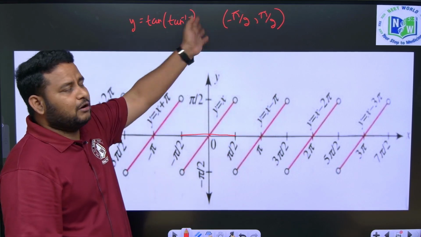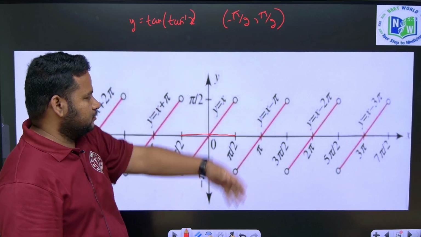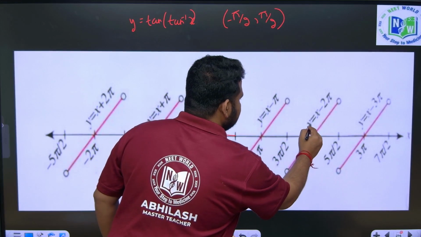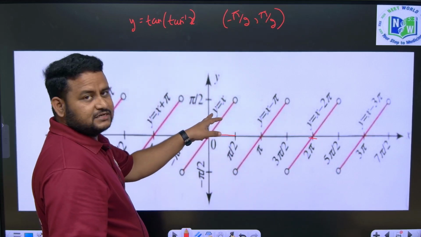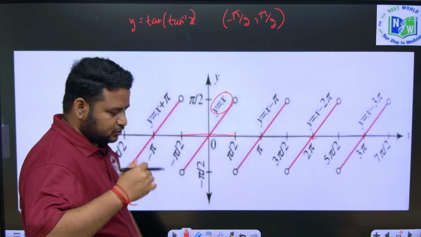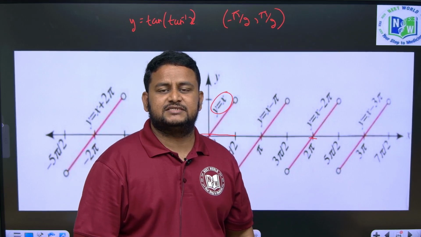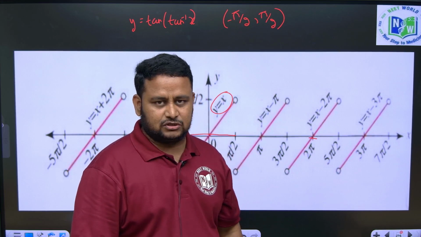Suppose it is coming outside, beyond minus pi by 2 or beyond pi by 2, let us take it at 2 pi, the line will be y is equal to x minus 2 pi. But if it is within the principal branch, the line is y is equal to x. Also you must remember the period of sin x and cos x is 2 pi, but for cot x and tan x, it is pi. This also you must remember.